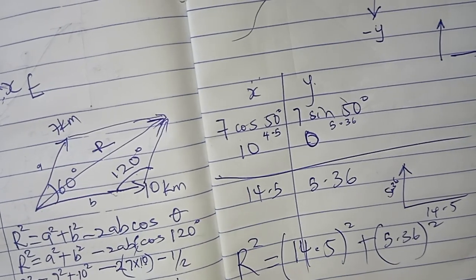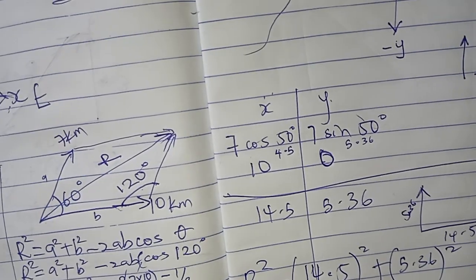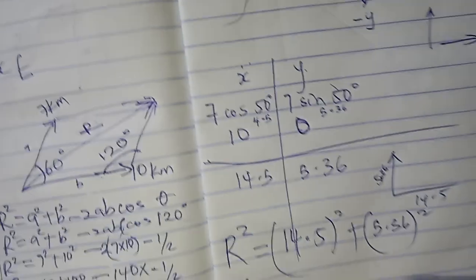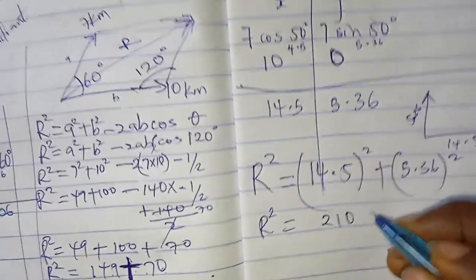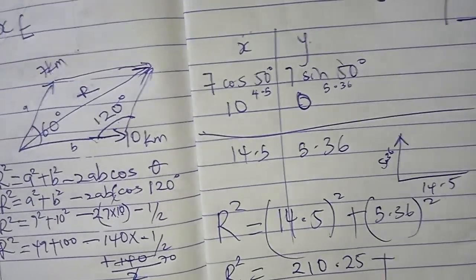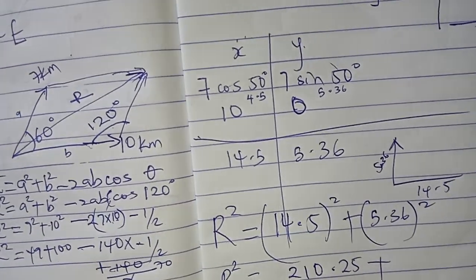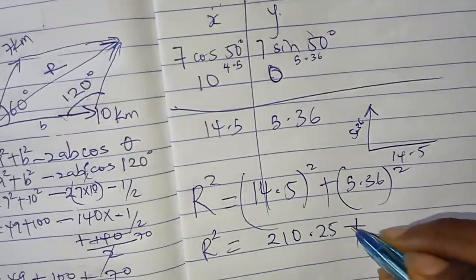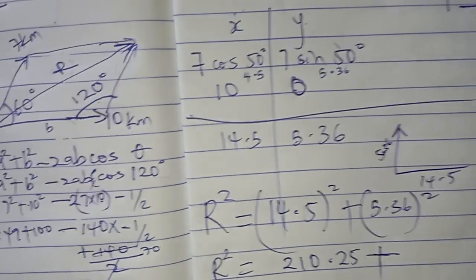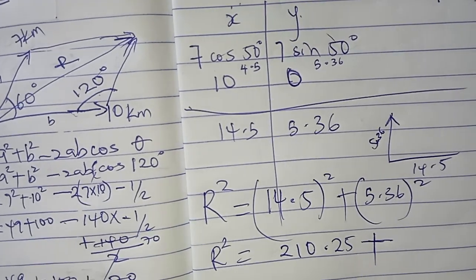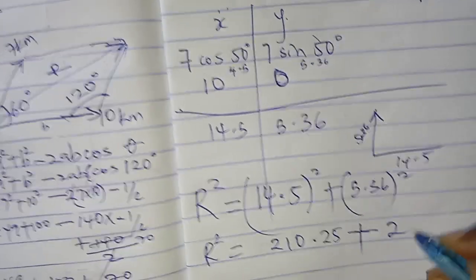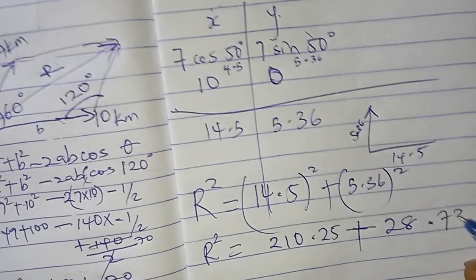So r square is equal to 14.5 square, which is 210.25, plus 5.36 raised to power 2, which is going to give you 28.73.